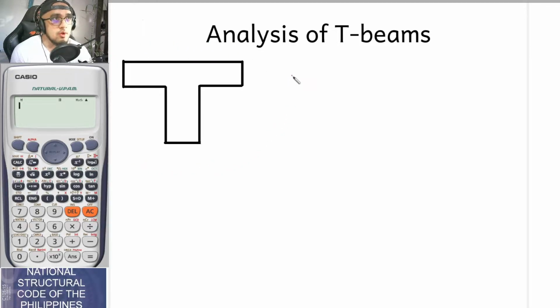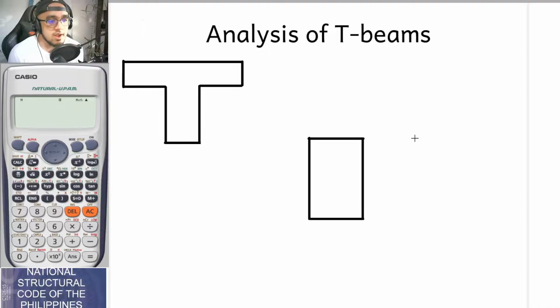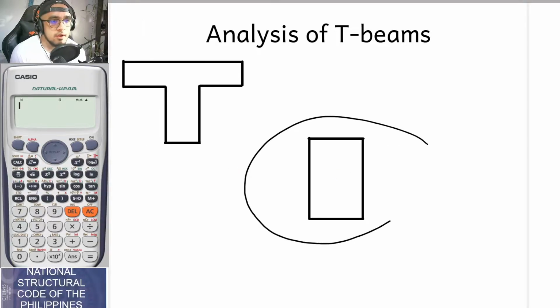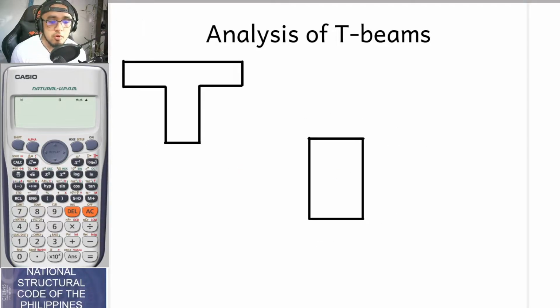So when do we know that we will be designing a certain T-beam? In the previous lessons that we had for the rectangular sections such as your DRB and your SRB, let's say this one, of course this is not a T-beam because this is rectangular in nature. In your singly reinforced and doubly reinforced rectangular beams, if this is your flexural member, the slab that will be constructed over it is superimposed.